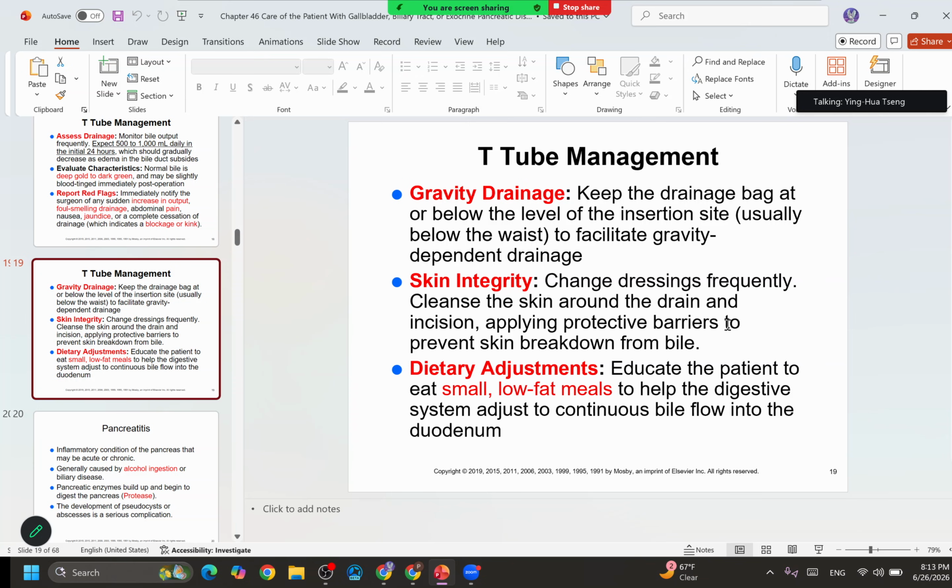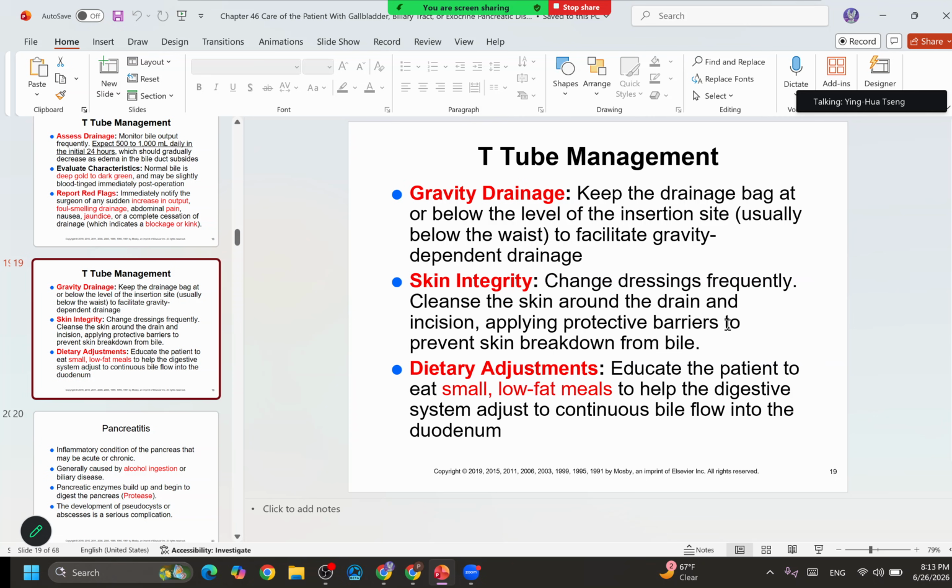If it's a little bit of leaking it's okay, so we put a split gauze, we check the gauze and we change the gauze. But if the leakage is too much, that means maybe there is some kind of blockage inside, and that's why it's leaking outside to your insertion site. Also report to the doctor if there is too much leakage. Maybe it's blocking inside.